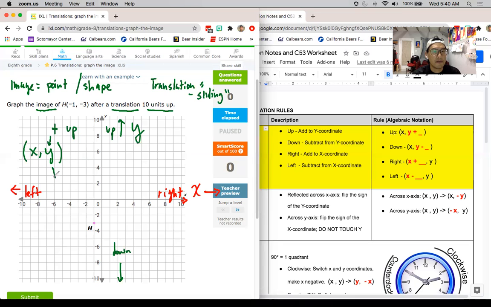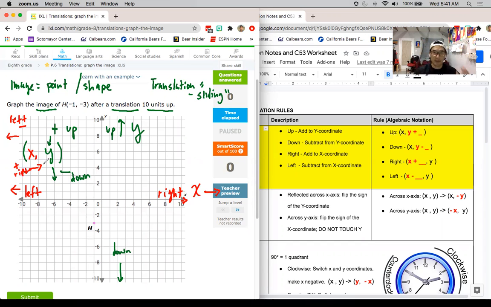And if you're going down, you're always subtracting from the y coordinate. And if you're going to the left, you are subtracting from the x. And if you're going to the right, you're adding to the x.